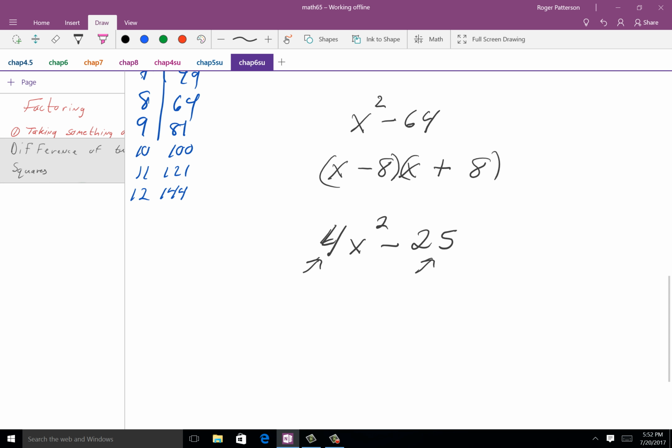Okay, so then this is a difference of two squares. So we drop down the parentheses. Okay. 2x is going to go here. 2x is going to go here. And what's the square root of 25? What does this chart say? 5. So we put a 5 here. We put a 5 here. Plus, minus. There it is. Okay. That's a difference of two squares.